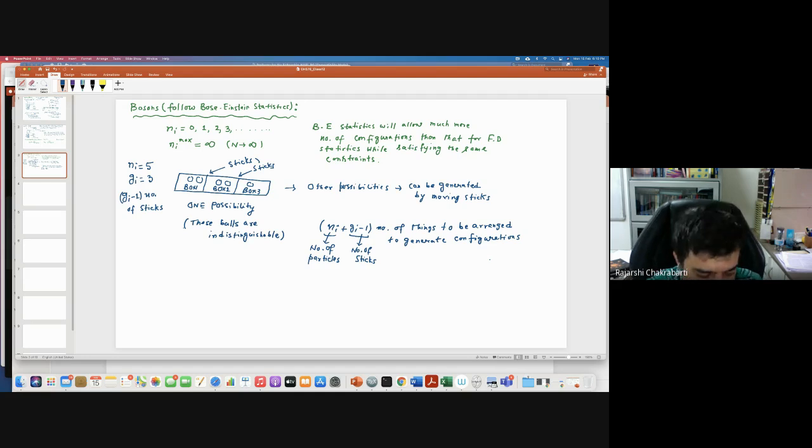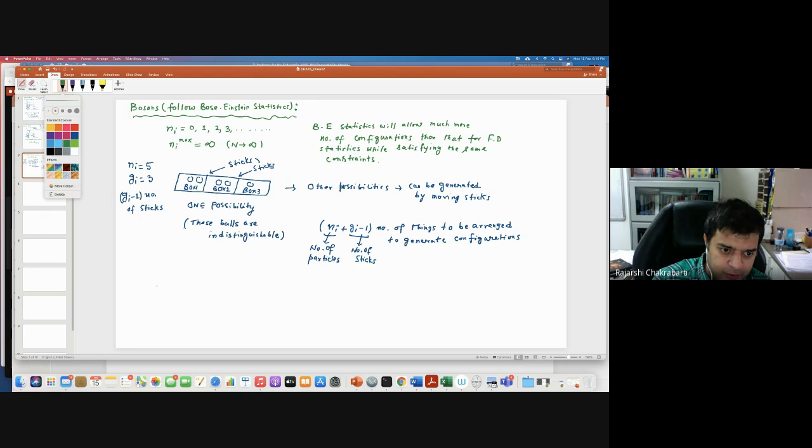That does not create any new configurations anyway. So what will be the W_BE then? If I follow like this, you can write small w_BE or omega_BE.